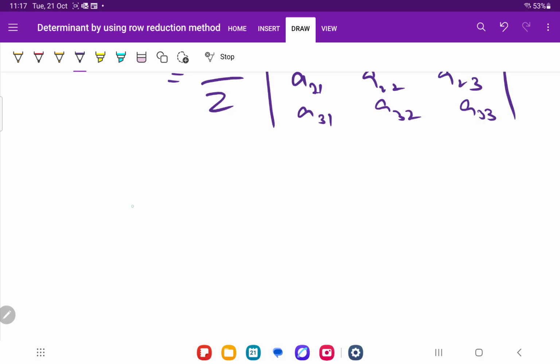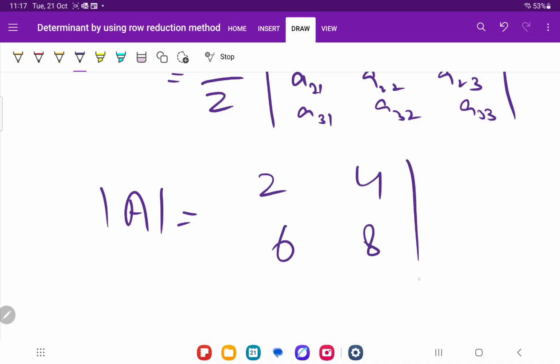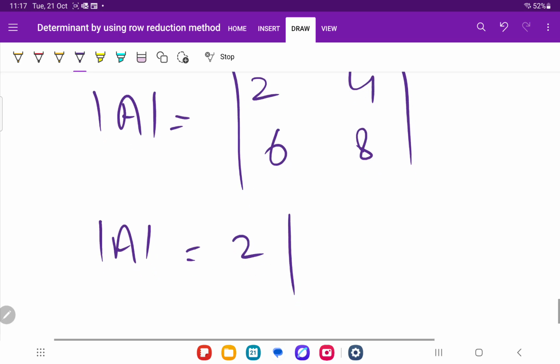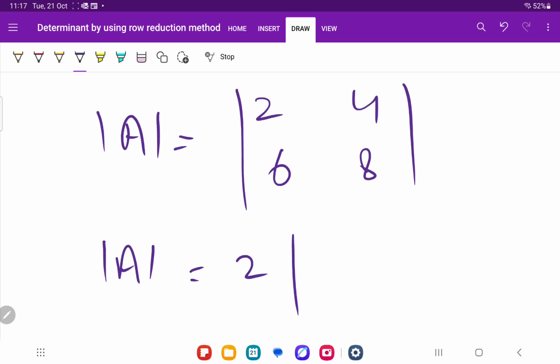For example, if you have a matrix A written as 2 4, 6 8 in determinant form, and you would like to take 2 common, it could be taken out from any row or any column, not from all the entries.